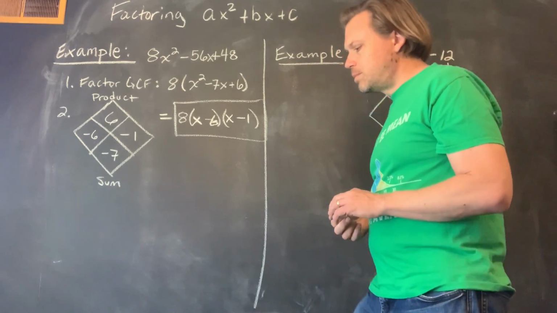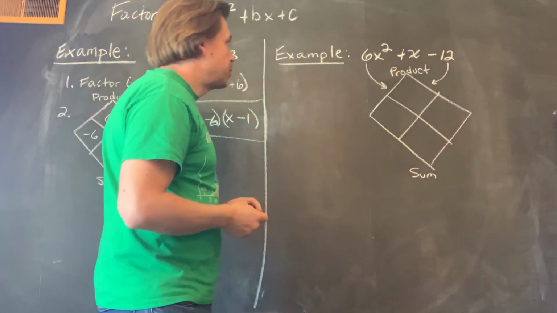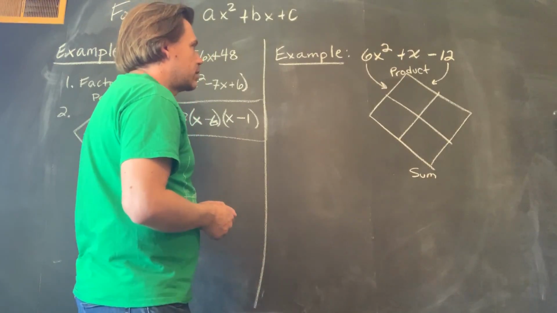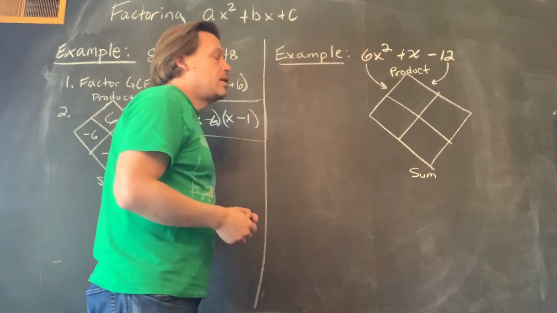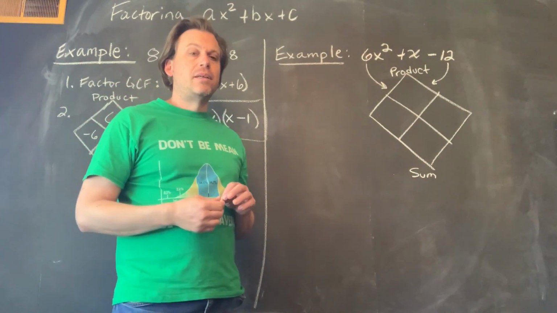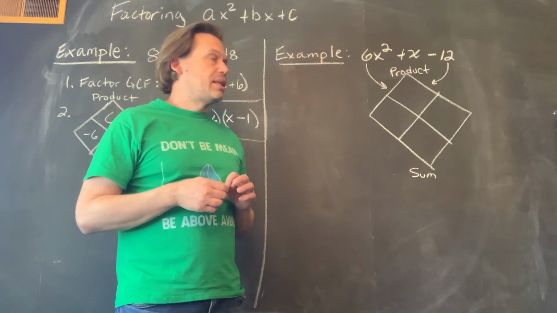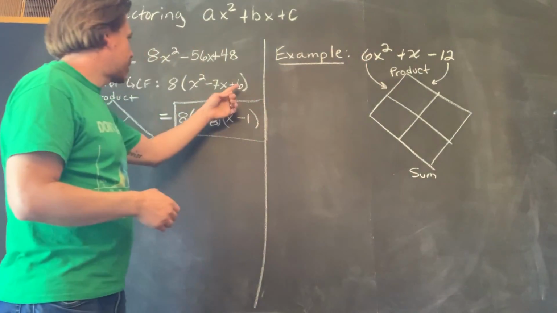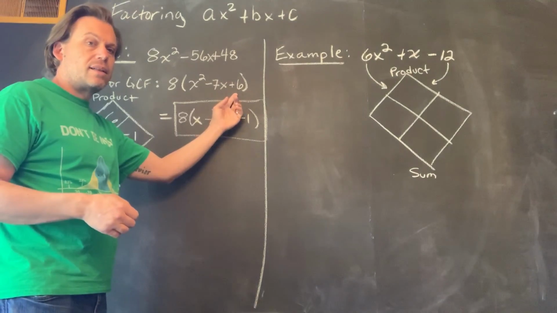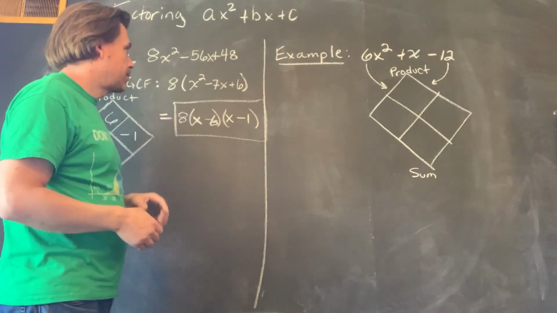Okay, second example. On this one, there is not a greatest common factor between 6, 1, and negative 12. So I'm going to jump right to a diamond problem, but this time the diamond is different because we're working with this number out front. Before, the product was always this last number, so I just put the 6 there.